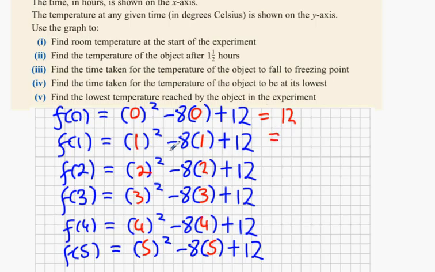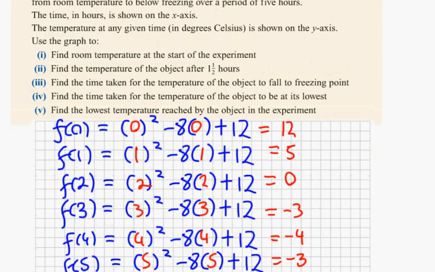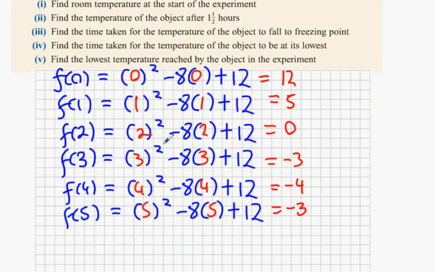The next one would be 5. The one after that, yeah? 0, is it? And what you get after that? And then after that? Yeah, and after that? Minus 3, and that's the end of it? Yeah, to 5. Now, you'd have to put each one in a calculator individually.